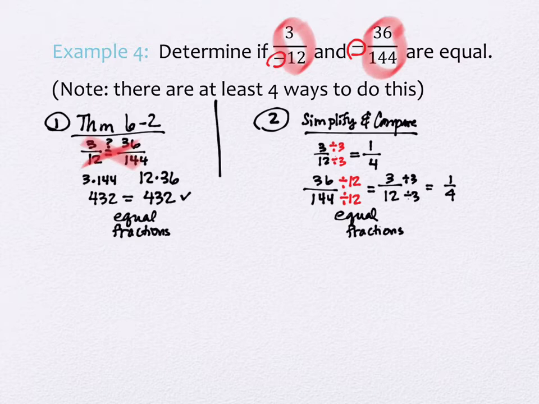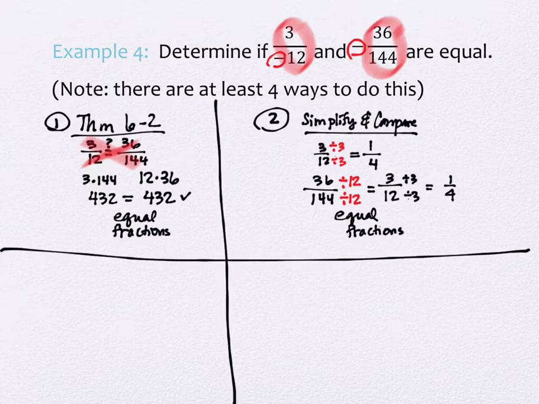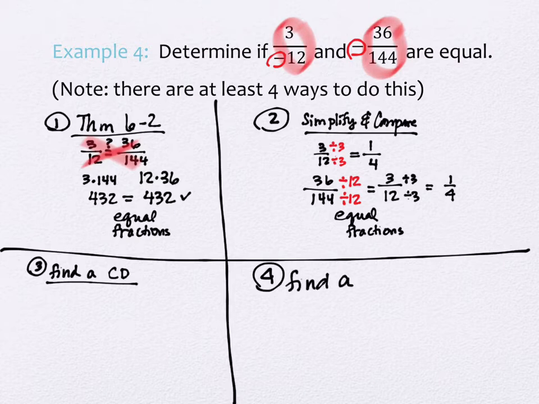All right, the next two methods are similar to one another. Number 3, we're going to find a common denominator. And number 4, just so you know where we're headed, is that we're going to find the least common denominator. What do I mean to find a common denominator?